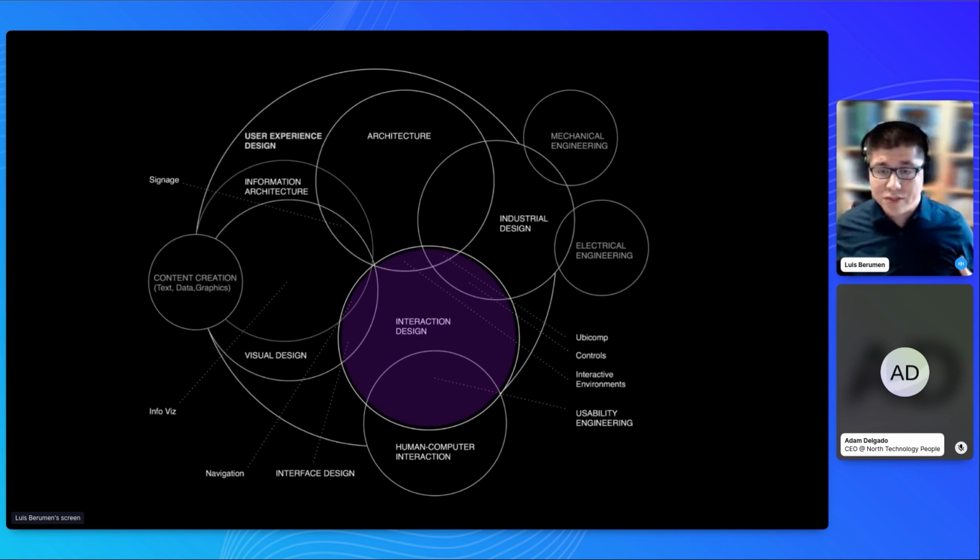Usability is not only part of human-computer interaction. It also overlaps with industrial design, architecture, visual design, information architecture, and any other layer of technology that we're going to be adding, right? So be ready for AI, VR, and anything that you can imagine. At the end of the day, usability is still an interaction and is very important for us.